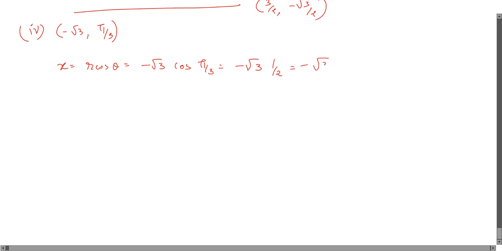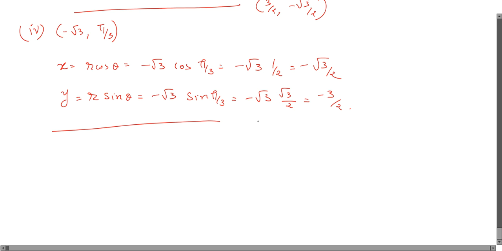So it is minus root 3 by 2, and y is r sin theta, that is minus root 3 sin pi by 3. Sin pi by 3 is root 3 by 2, so minus root 3 into root 3 by 2 is minus 3 by 2. So again at the last you will write: the Cartesian coordinates of the given point are (minus root 3 by 2, minus 3 by 2). Okay.